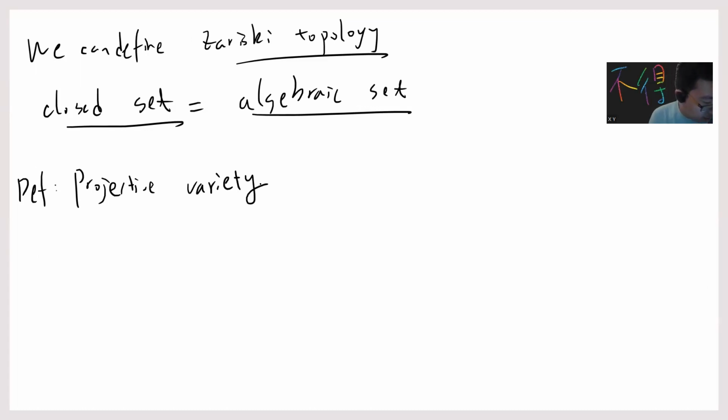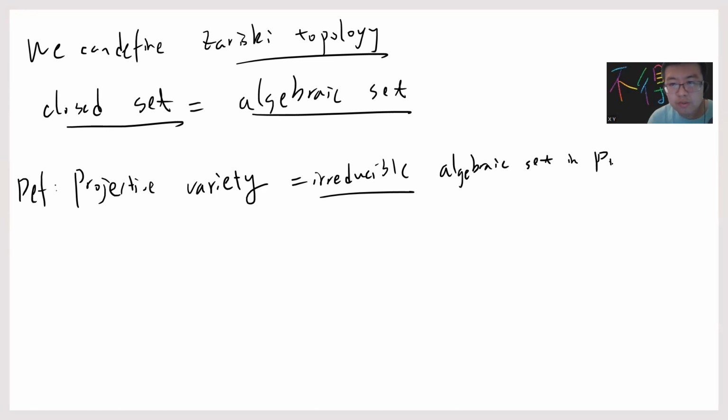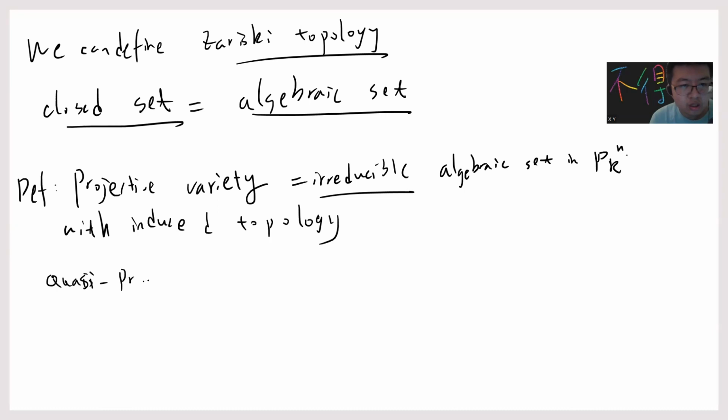A projective variety is just an irreducible algebraic set in P^n, with the induced topology. Now we can define the quasi-projective variety to be just an open set in the Zariski topology.